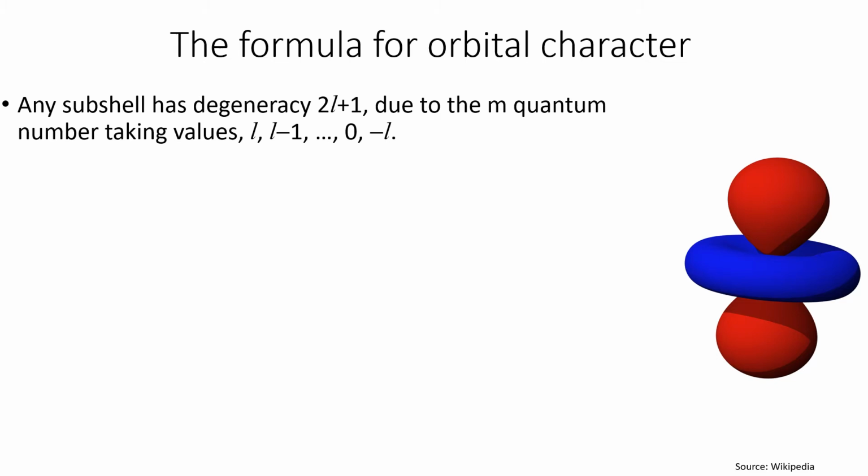That's the angular momentum quantum number. And so 2L plus 1 is 5. So there'll be 5 degenerate states, 5 different orbitals that belong in the d subshell. And the degeneracy can be differentiated by the m quantum number, which has these 2L plus 1 possible values going from plus L to minus L in integer steps.